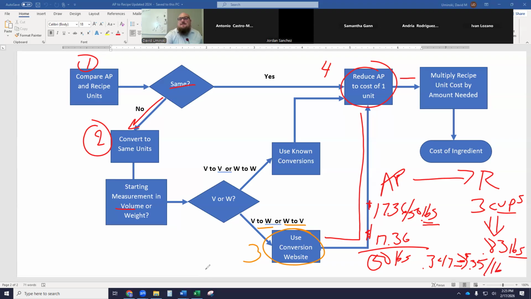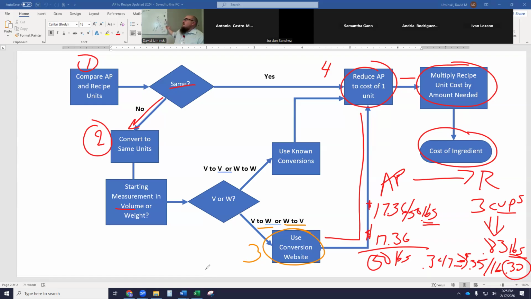And then my last step, I want to multiply the recipe unit cost, which is 35 cents, times the amount needed, and that's my cost. So 0.35 times 0.83 of a pound gives me 30 cents. Sorry, that's really small. But 30 cents is my cost of those 3 cups of flour.